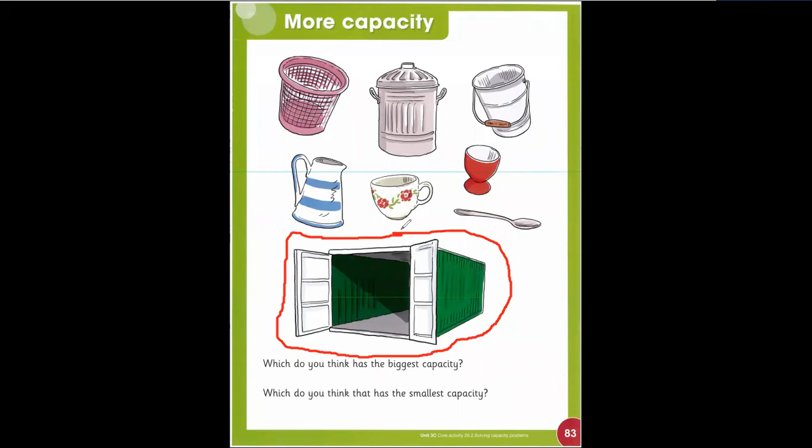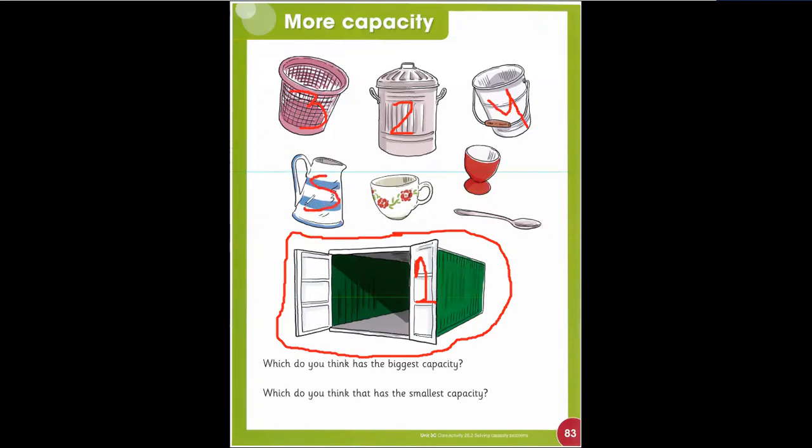Then we talk, this is number 1. This is number 2. This is number 3. Number 4.